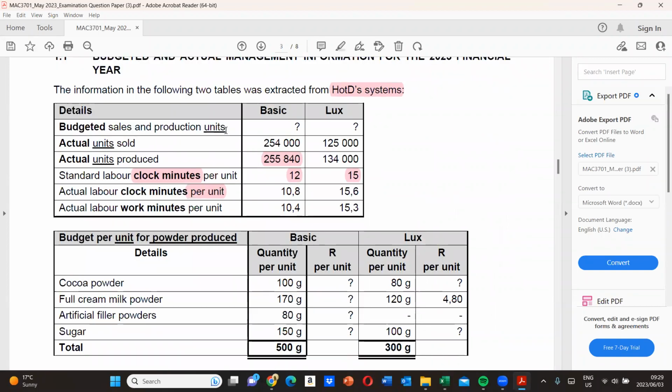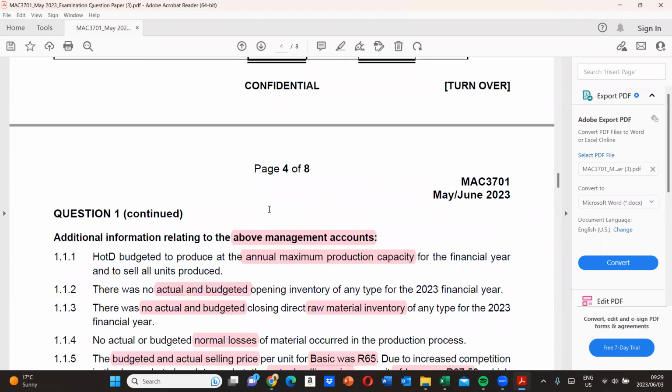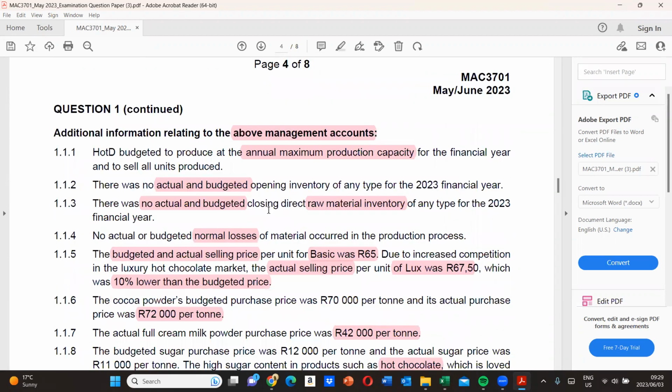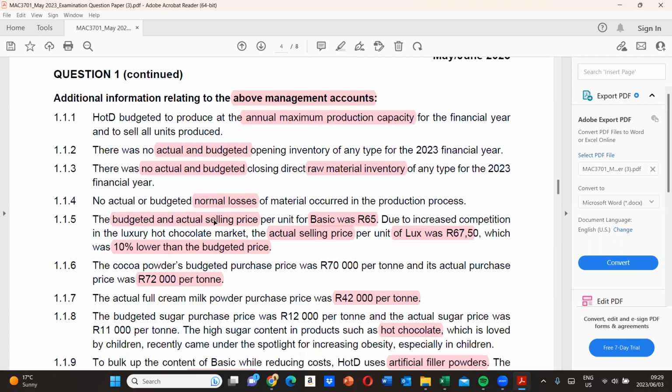All right, so budgeted sales in units, of course, we have that. What is the budgeted selling price? The budgeted and actual selling price per unit for Basic was 65. Due to increased competition in the luxury hot chocolate market, the actual selling price per unit of Lux was 67.50, which is 10% lower than the budgeted price.